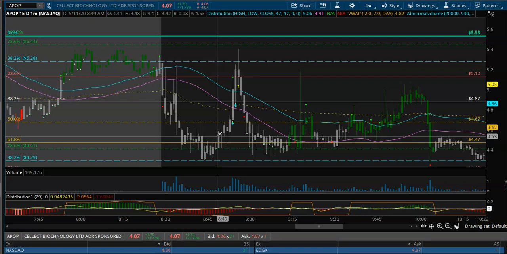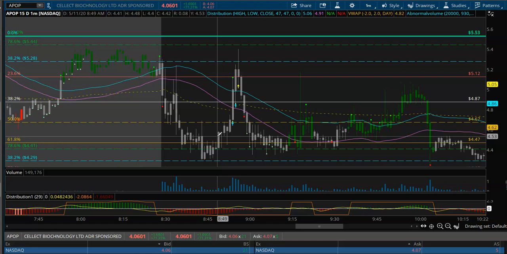So, price came down off of the highs in pre-market, very heavy tape. It's fading at the open. It looks like it's a super easy short. It's just fading, that's all there is.